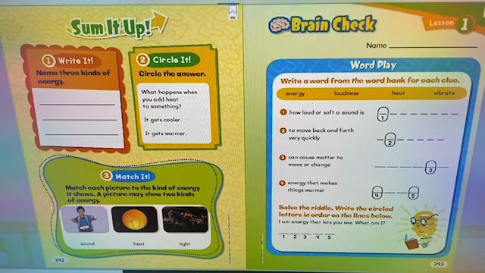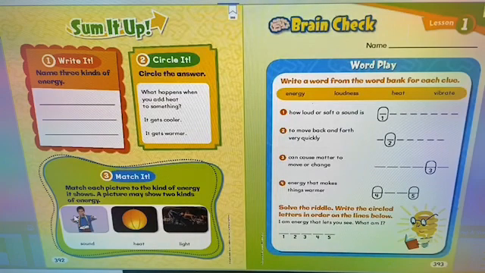Alright, now question number 3. Match each picture to the kind of energy it shows. Okay, a picture may show 2 kinds of energy. So when you look at this boy, what is this boy doing? And what kind of energy it might be?